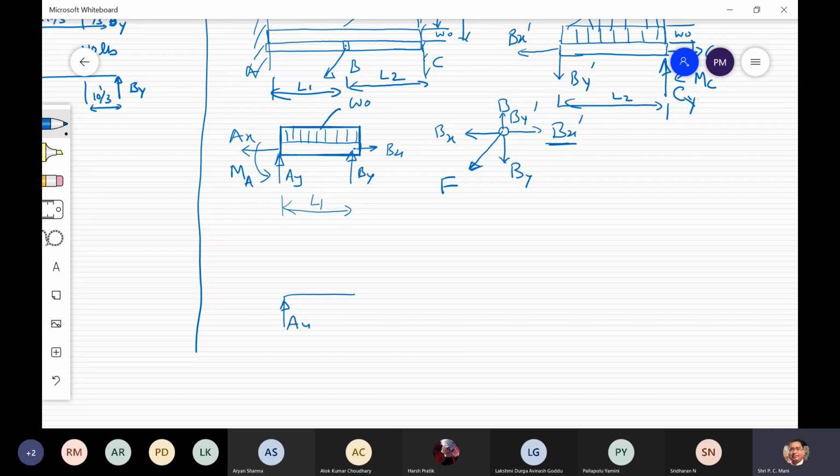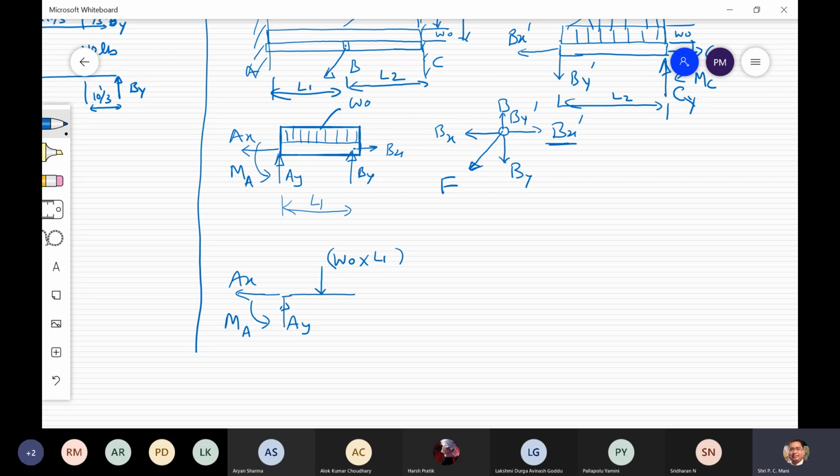This is Ay, sorry, I have taken the opposite direction, Ax, M at A, and at the center you will get W0 into L1.